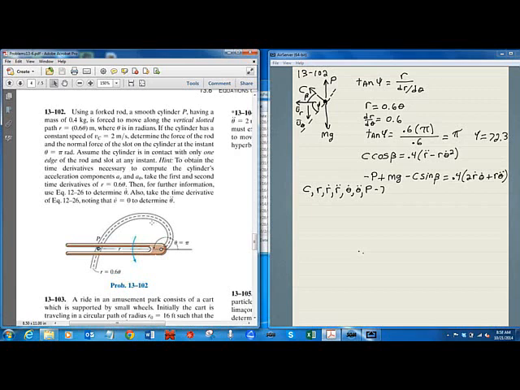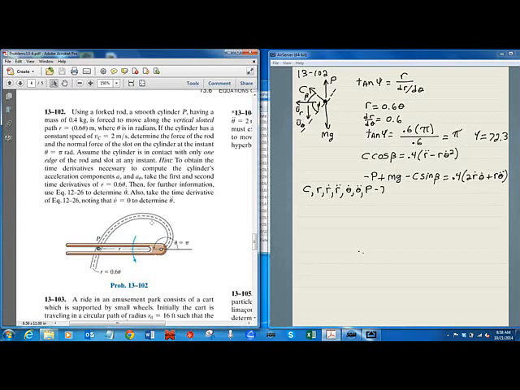Now, because the degree of freedom of this is 1, if I am given one motion, one term with a dot on it, I should be able to find all of the terms. If I'm given one term without position, I should be able to find all the others. So I'm given that. I'm given that the position theta is pi, 180 degrees. So I should be able to find r, because I'm given the speed, which is a single dot term.